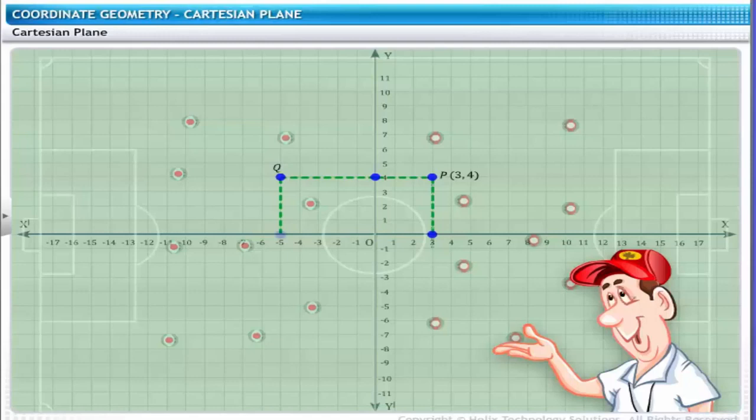The lines meet the X-axis at -5 and the Y-axis at 4. Therefore, player Q is positioned at (-5, 4). Similarly, you can determine the positions of other players at various points on the field.